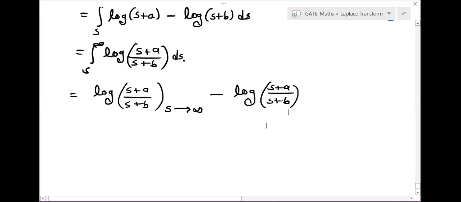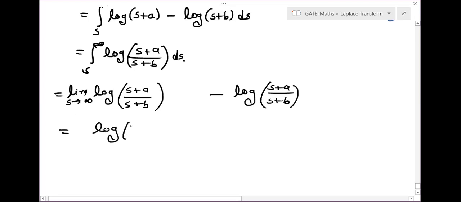So here you can apply L'Hopital rule directly, right? Because this s tends to infinity is nothing but limit s tends to infinity here. So whenever you put limit s tends to infinity, you are getting infinite by infinite form. So first you can apply L'Hopital rule. According to L'Hopital, the differential of the numerator is 1 plus 0, the differential of the denominator is 1 plus 0.